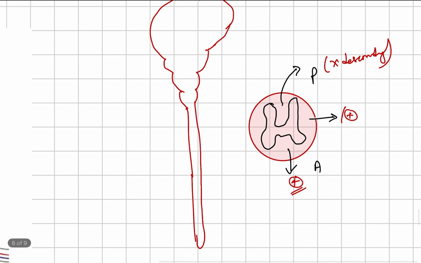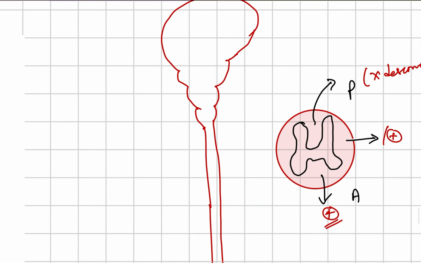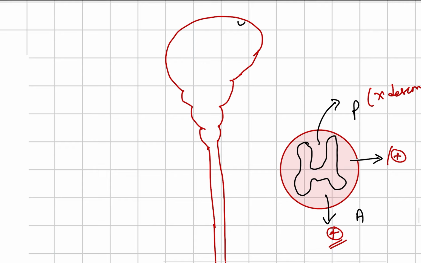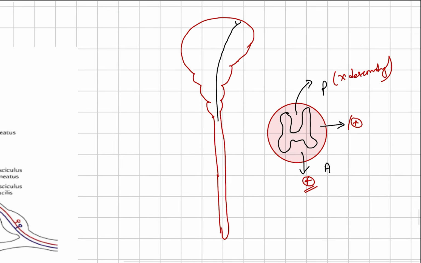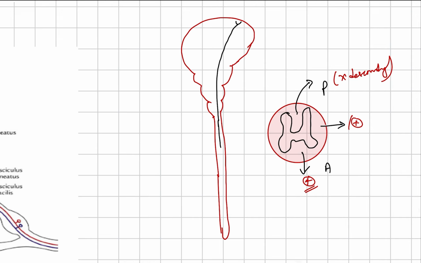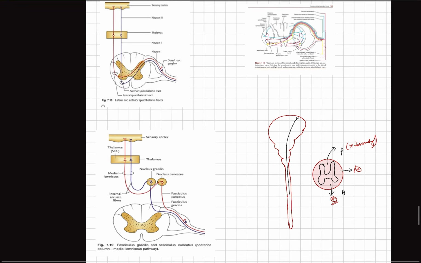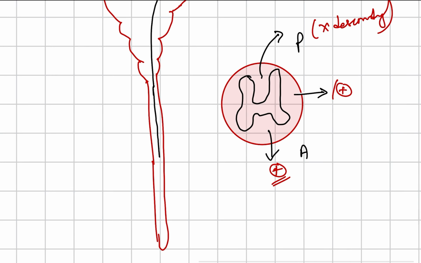There is a lateral corticospinal tract. It comes from the cortex and passes downward, and there are two corticospinal tracts coming. As already discussed, it is 75 and 25, anterior and posterior.